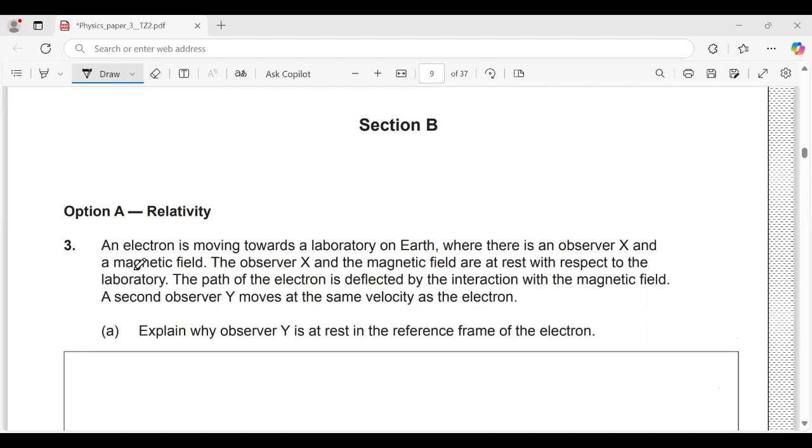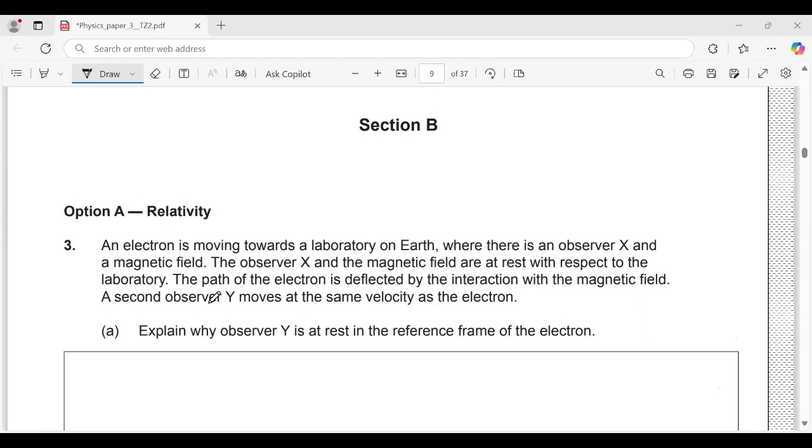Number 3. An electron is moving towards a laboratory on Earth where there is an observer X and a magnetic field. The observer X and the magnetic field are at rest with respect to the laboratory. The path of the electron is deflected by the interaction with the magnetic field.